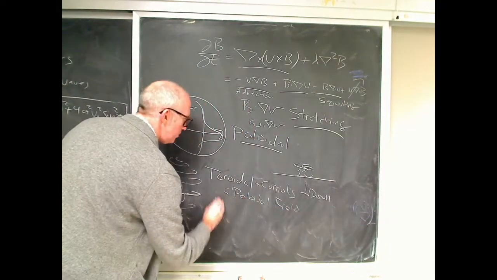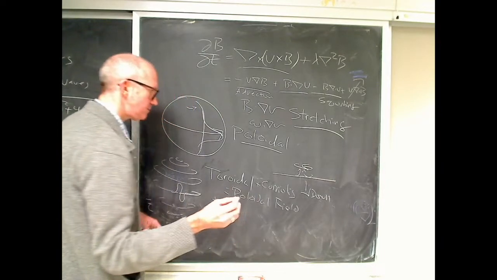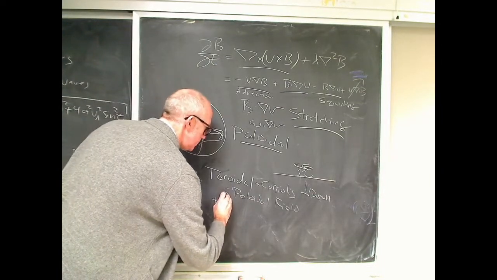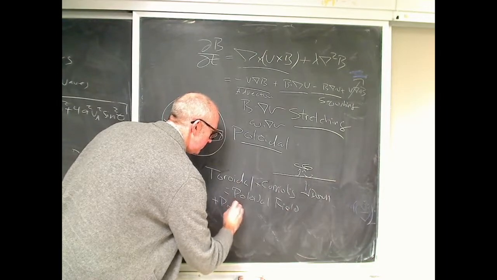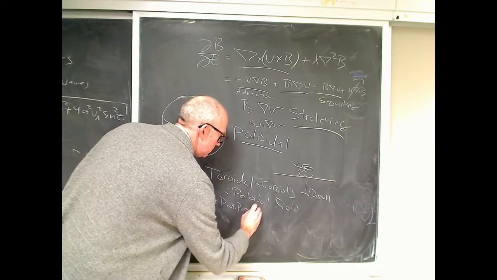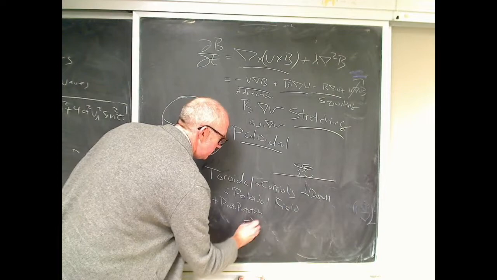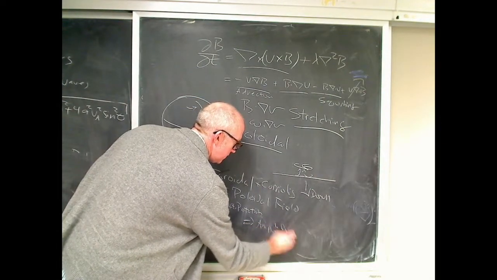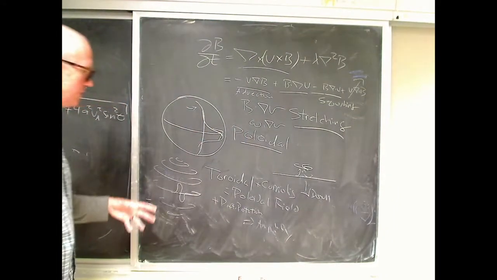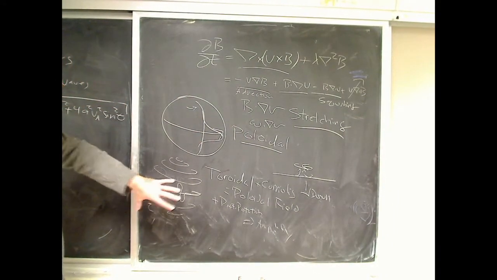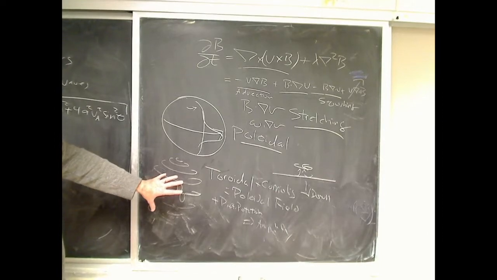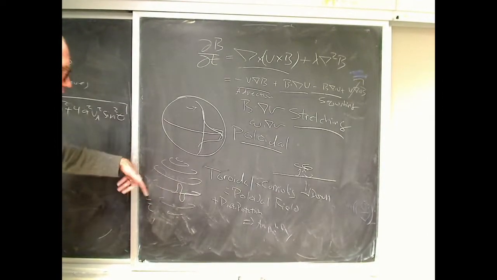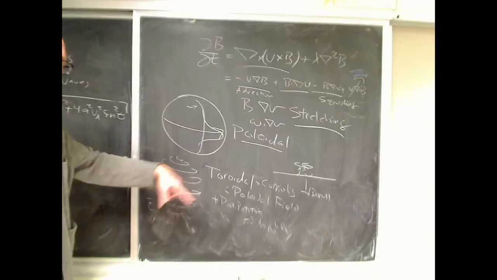And poloidal field plus differential rotation gives you amplification. And then that process continues and rotates the poloidal field back into toroidal field, and eventually you get more magnetic field from this process.